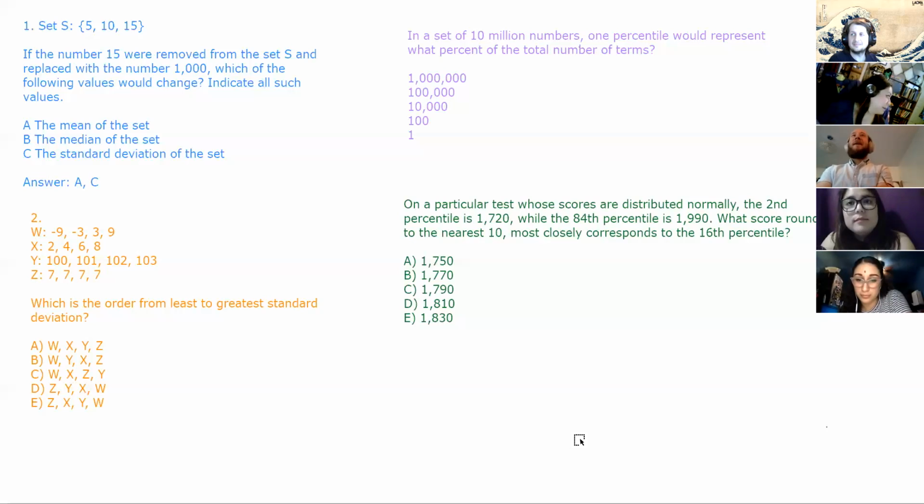That's not the same thing as 2% in this instance. I'm thinking of that test score can't be 1720, but I guess it could. It's taking us back. Wait, the second percentile is 1720 and the 84th percentile is 1990. You want to help me with this one? What score rounded to the nearest 10? Read it.